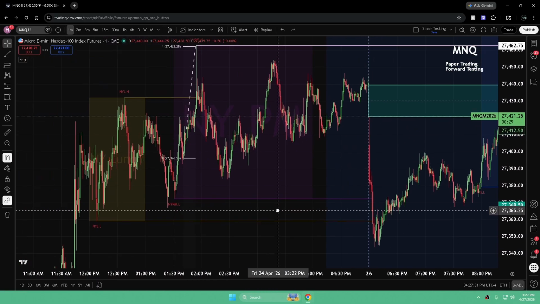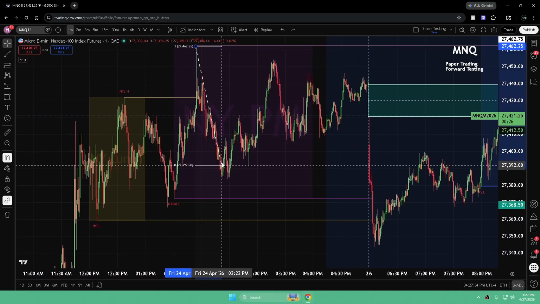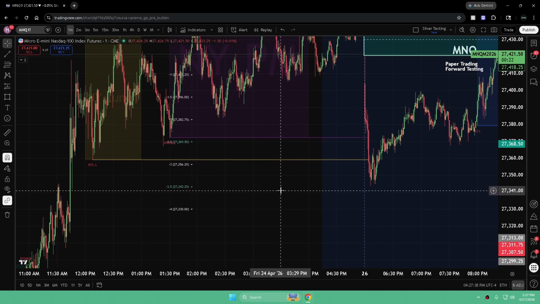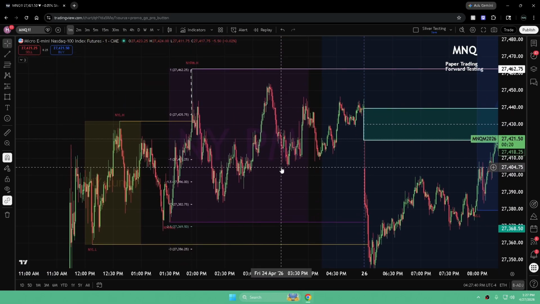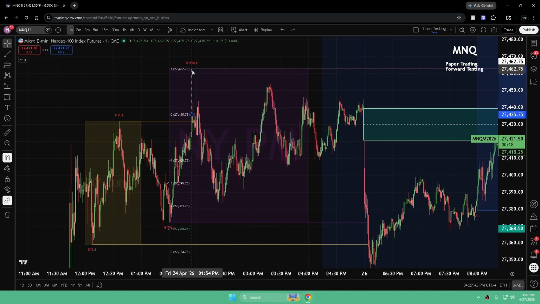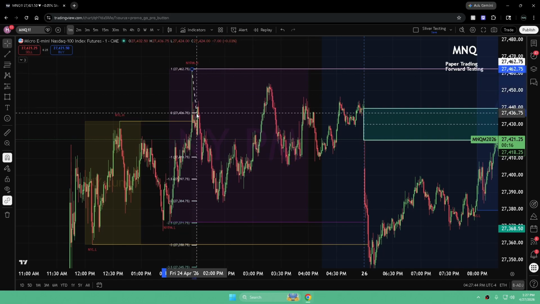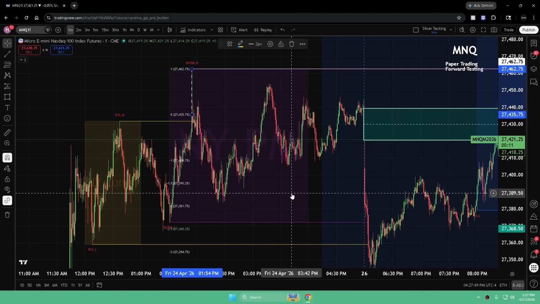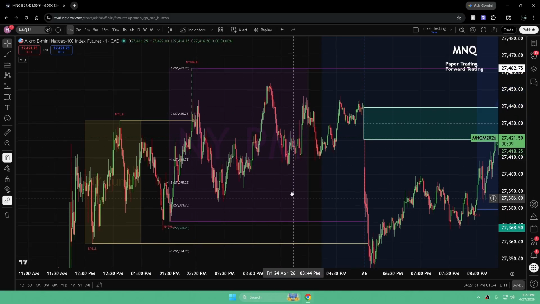And we get our standard deviations. If anything, we could do it down to this wick. And then we have our standard deviations or our projections with this manipulation wick, from top to bottom, from wick to body.